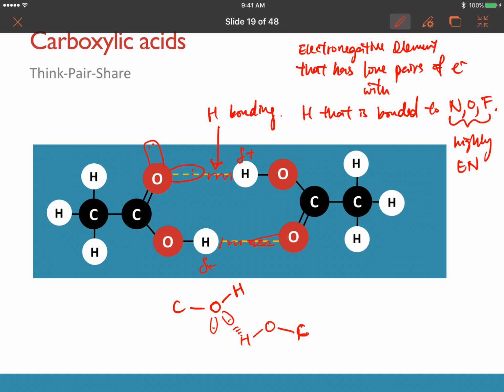So that is why here there are two hydrogen bonds, whereas for alcohol there's only one.